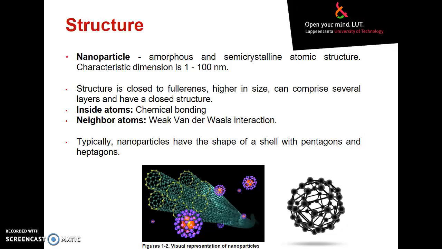The atoms inside the nanoparticles are connected by chemical bonds, and atoms on neighboring shells can be connected by weak van der Waals interaction. Normally the nanoparticles have the shape of a shell with pentagons and heptagons.